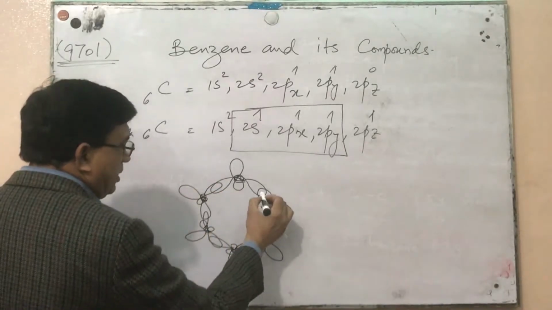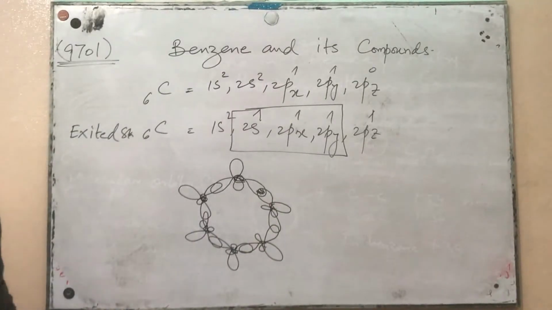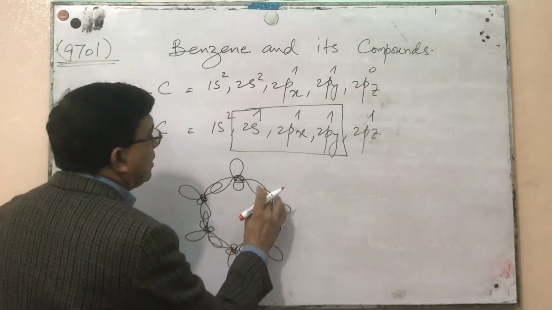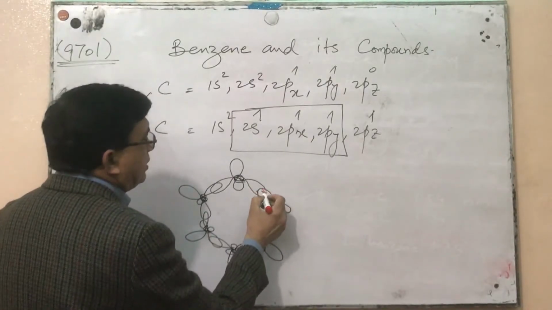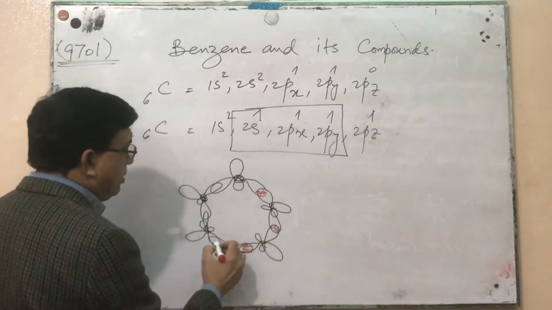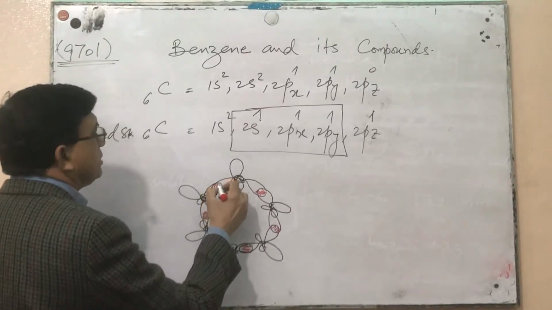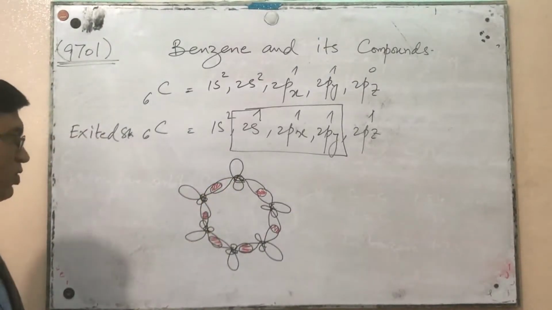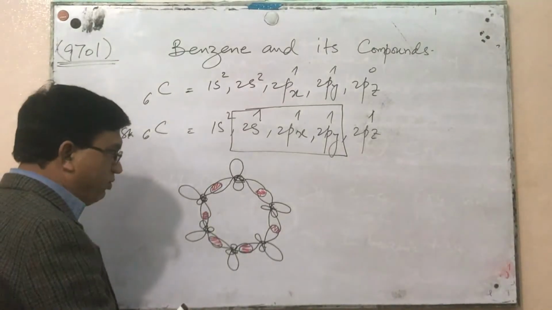Now each carbon forms sigma bonds. This is a sigma bond, this is a sigma bond, and so on. How many sigma bonds are formed? 6 sigma bonds are formed between carbon-carbon by sp2-sp2 overlap.